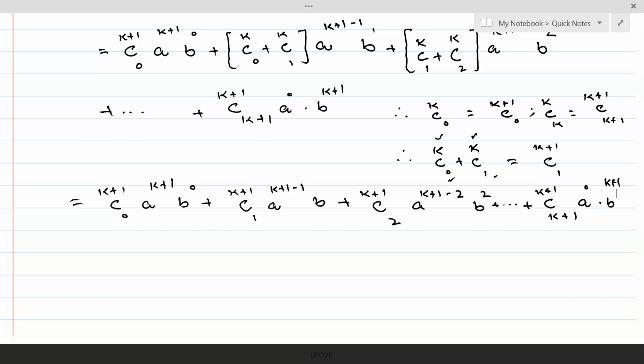And now if we replace k plus 1 by n, on the left hand side we have (a plus b)^(k plus 1).